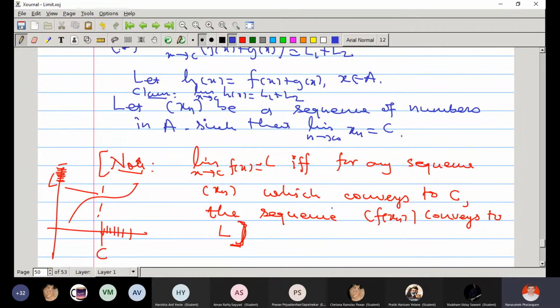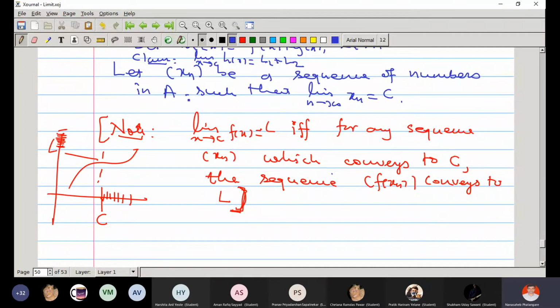And if you want to prove that your claim is true, the sequential criteria says that you choose any arbitrary sequence. If it converges to c, prove that h(x_n) converges to L1 plus L2. So do we agree with what I am saying? Yes, sir. So this is the logic.